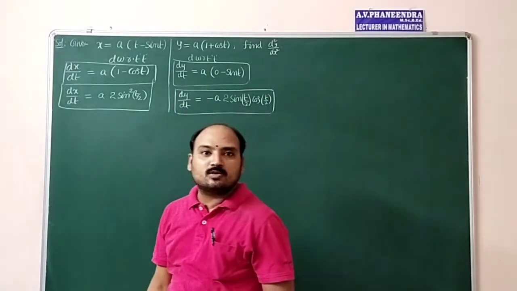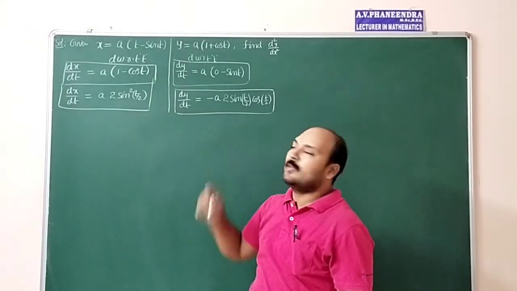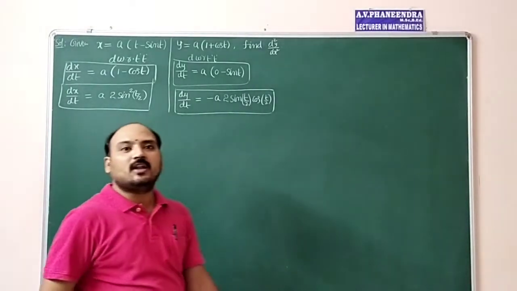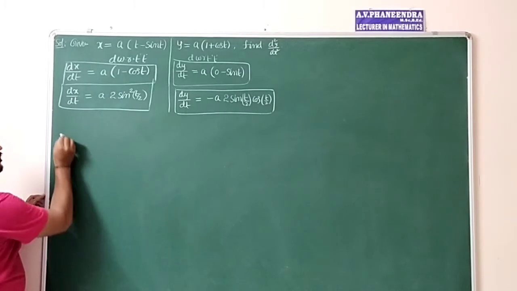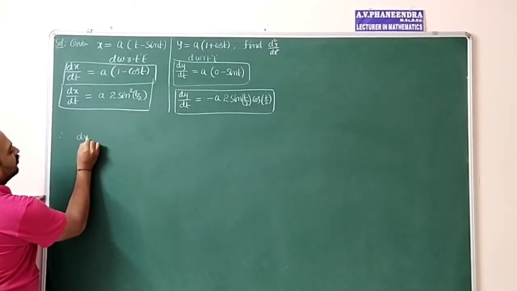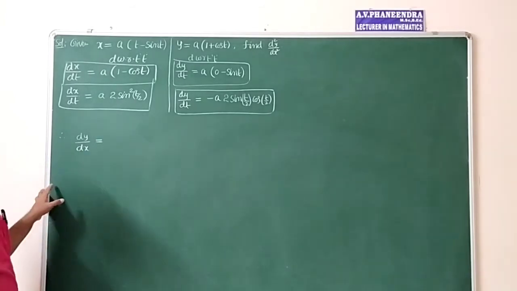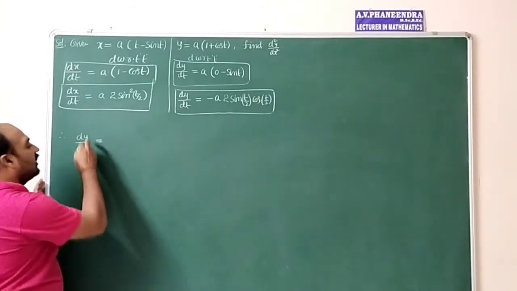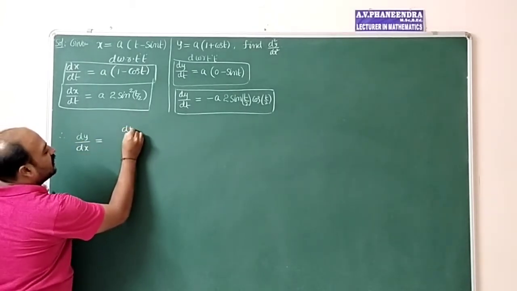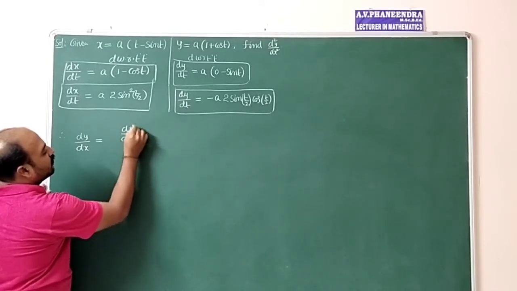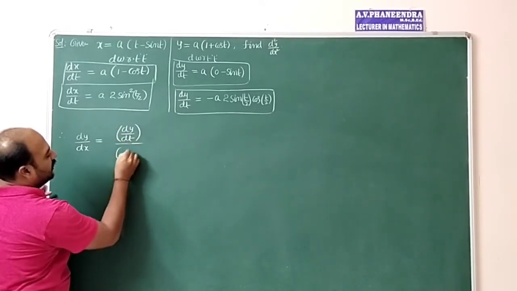After getting the values of dx by dt and dy by dt, we need to calculate dy by dx. By definition for parametric functions, dy by dx can be written as dy by dt divided by dx by dt.